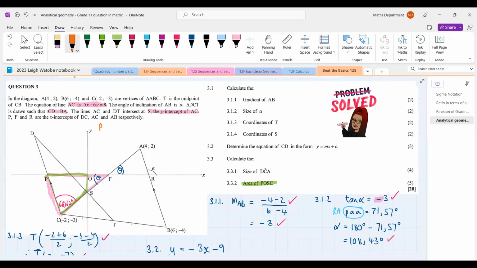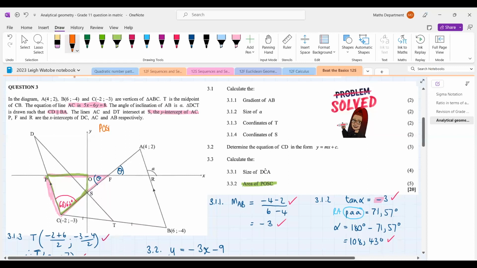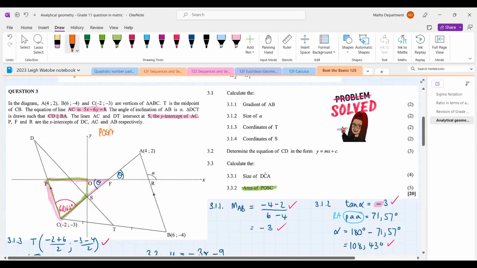So in other words, the area of POSC is going to be the area of the big pink triangle, PCF, minus the area of this little triangle over here, OSF.